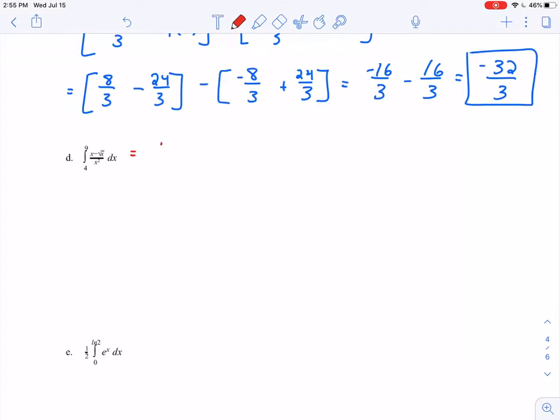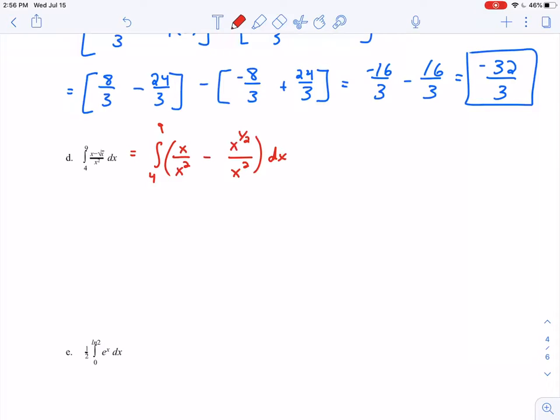So this is, let's see, the definite integral from 4 to 9. I'm going to do a couple things here. First thing I'm going to do is write this as x over x squared minus square root of x over x squared dx. The other thing I'm going to do, though, is square root of x, I know I'm going to have to rewrite that, so let me just do that now.